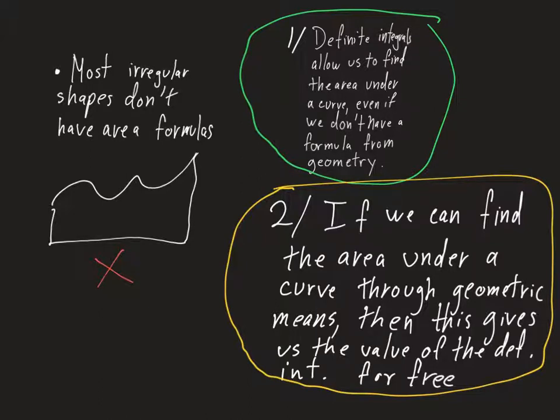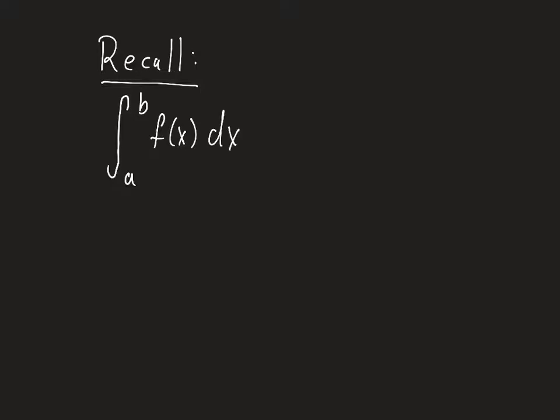Okay, so let's start off with a quick little recall of what we did last time. Let's say recall. So when we write definite integrals, remember we use this new symbol. This integral, let's say we're doing it from a to b of the function f of x dx.